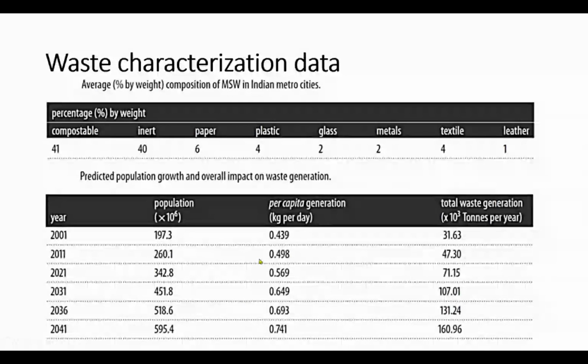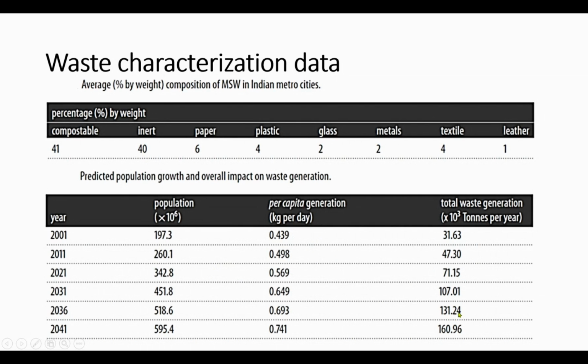I am talking about the population, but the per capita generation is calculated accordingly, and as per that, the tons per year data is as it is. In 2036, after three decades, you can see what the total waste generation in tons per year will be: 131.34.